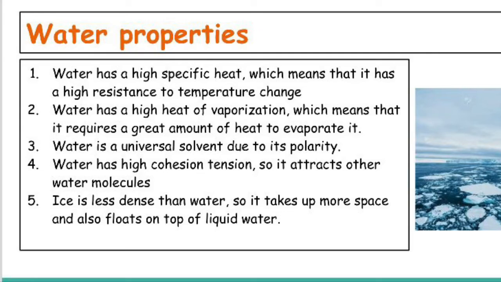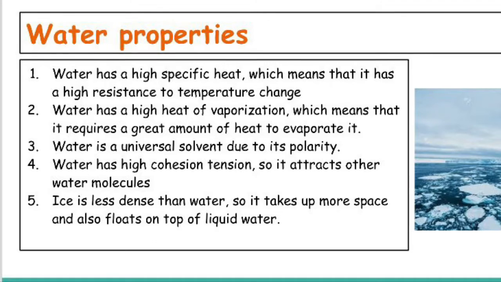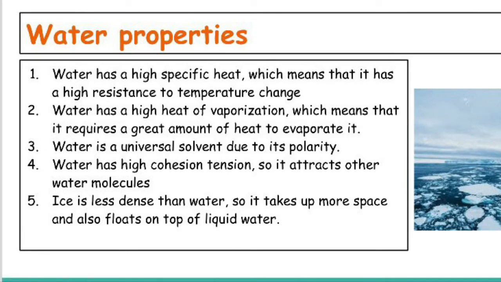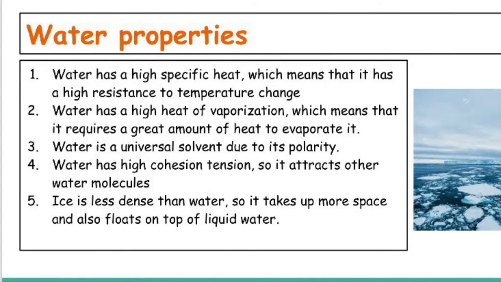Since water is polar, it is a universal solvent for all polar substances, and that means that it can dissolve many different solutes. Fourth is that water has a high cohesion tension, and that means that it is highly attracted to other water molecules rather than others.